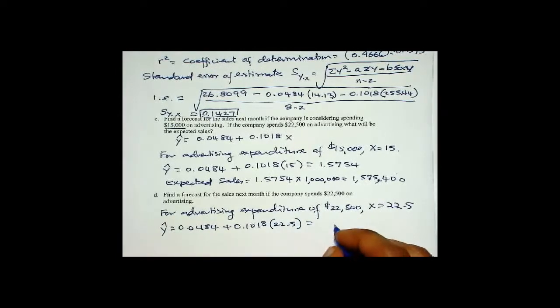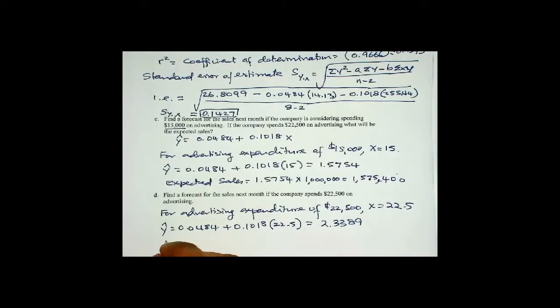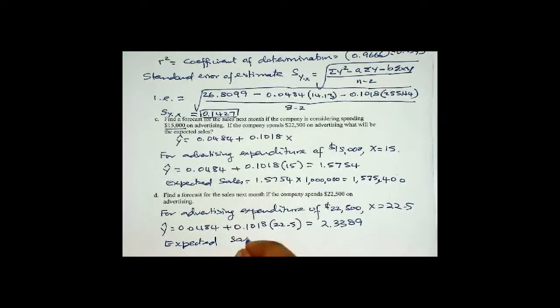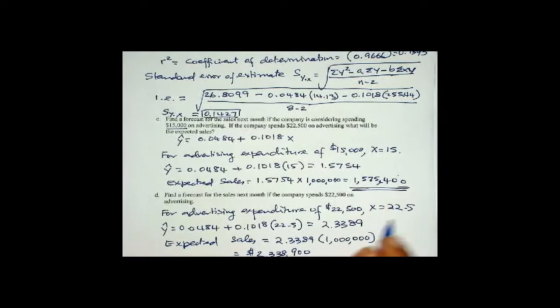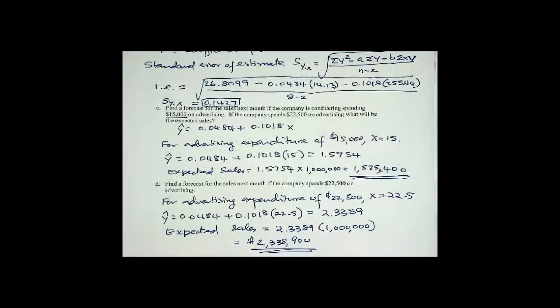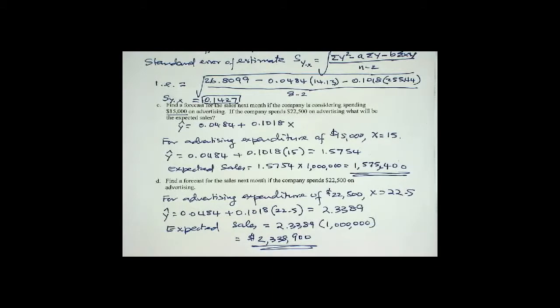This will give us 2.3389. Then the expected sales is 2.3389 times $1 million, gives you the answer as 2,338,900. So you need to pay attention to the units and convert it to the proper units when you use these values.